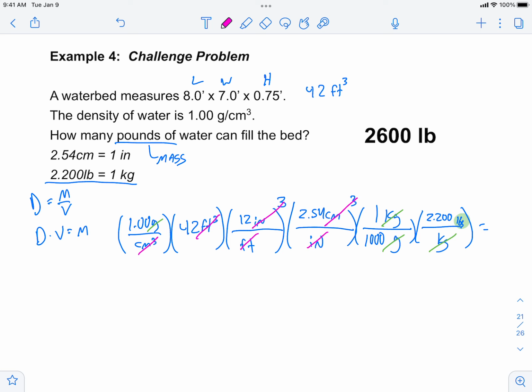Okay. So multiply everything by the top, divide by everything on the bottom. Don't forget to cube the 12 and the 2.54. 2,616.476625.